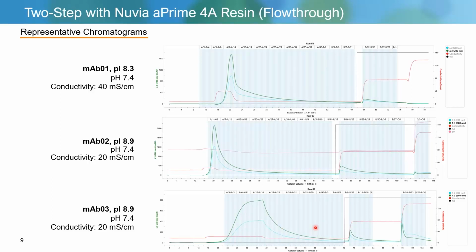UV traces for mAbs with the same average isoelectric point, like mAb 2 and mAb 3, also show differences. This suggests that the pI value is not the only parameter that is important to predict purification behavior. Other parameters, like distribution of hydrophobic patches on the protein surface, might also play an important role.